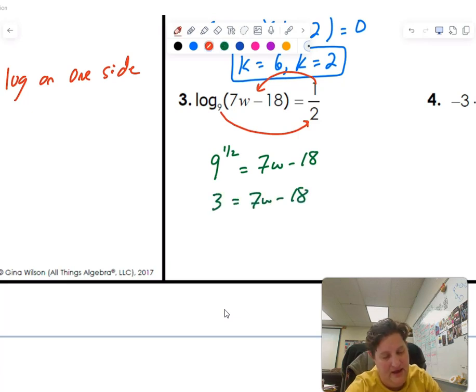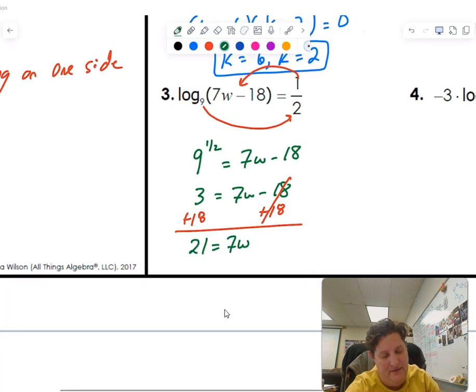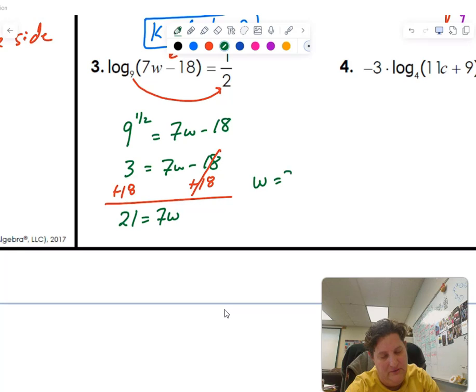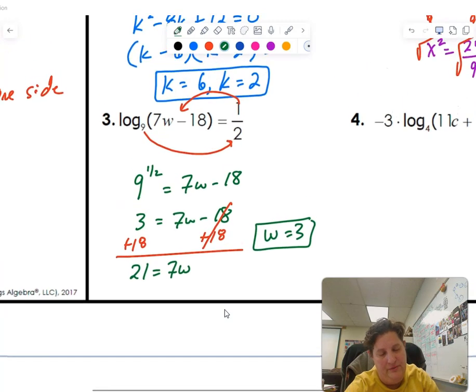And then I can add 18 to both sides. And then divide by 7 on both sides, so W is 3. And when I plug 3 in, it's a good answer. It's not extraneous or anything. Okay, we're just checking it into right here and making sure that it's a positive number.